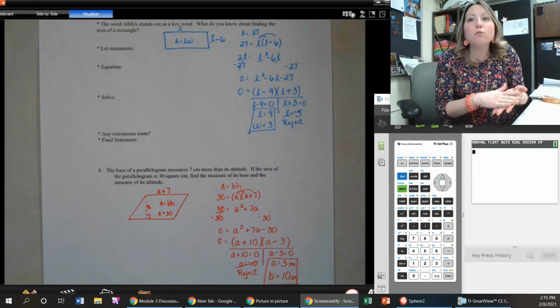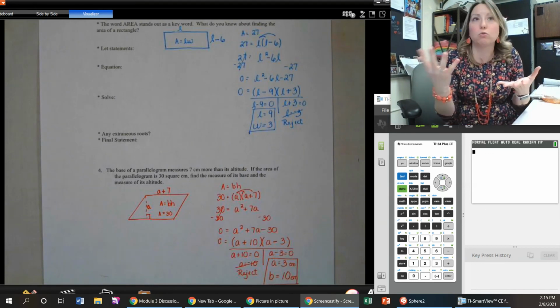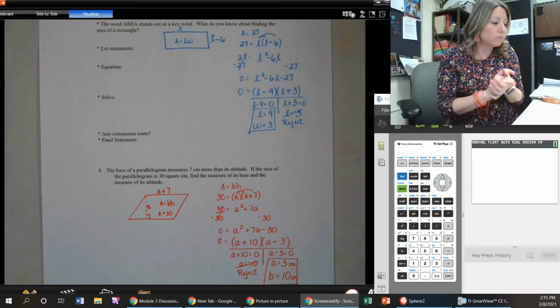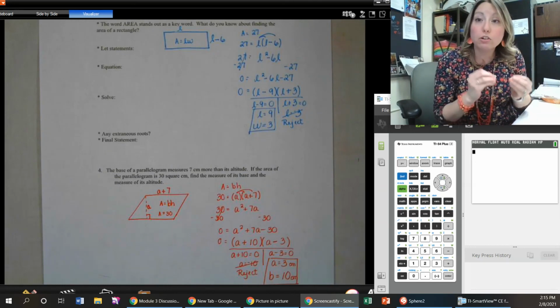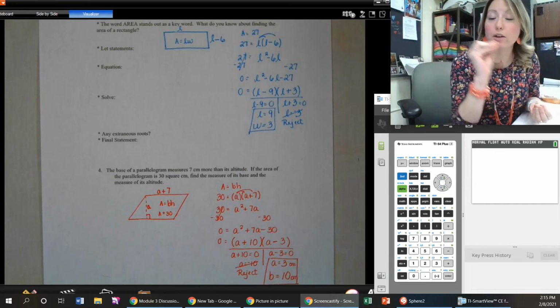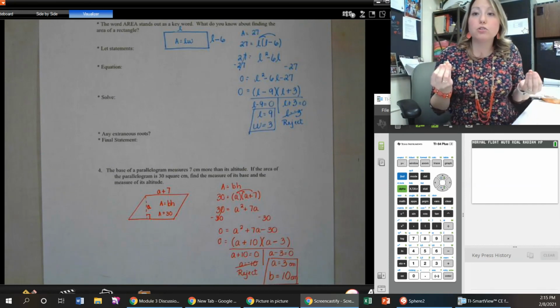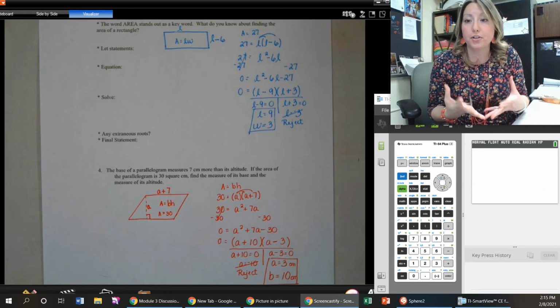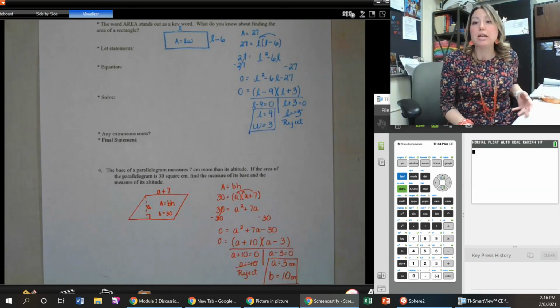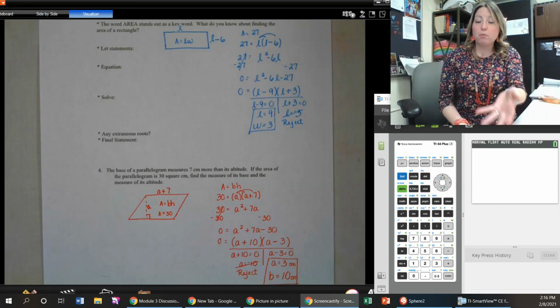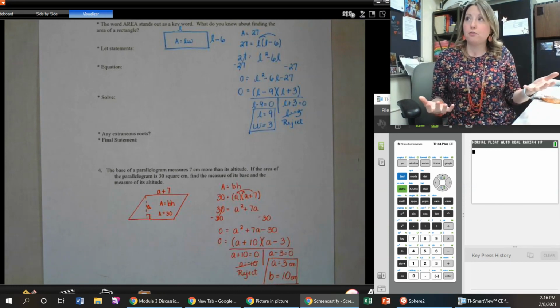Then of course, solving your quadratic equation, and that's what we did in lessons 1 through 3. But then remembering to actually cross out and write reject to answers that don't work in our scenarios. So you have to make sure your answers make sense in the word problem scenario that you have.